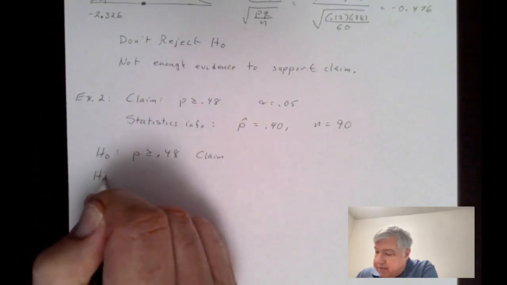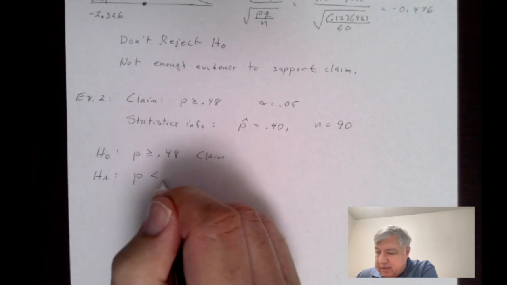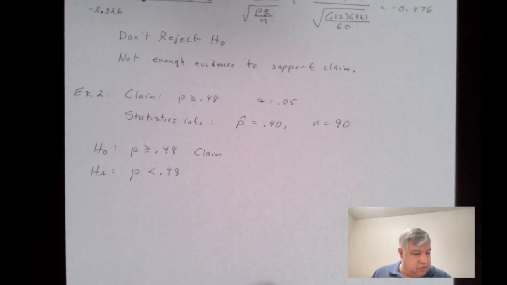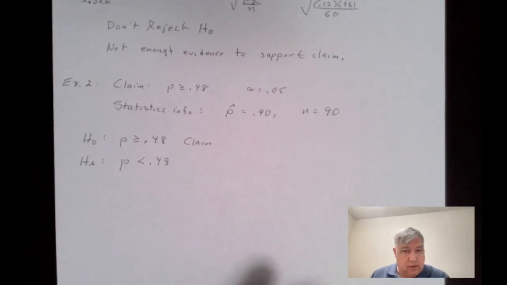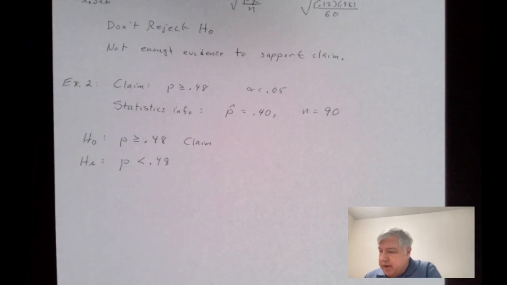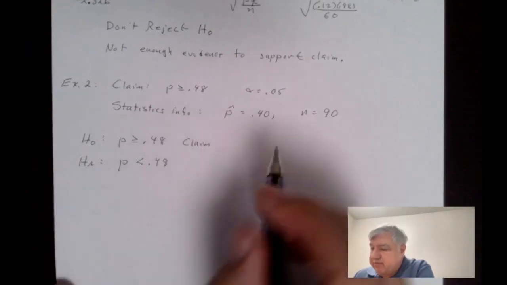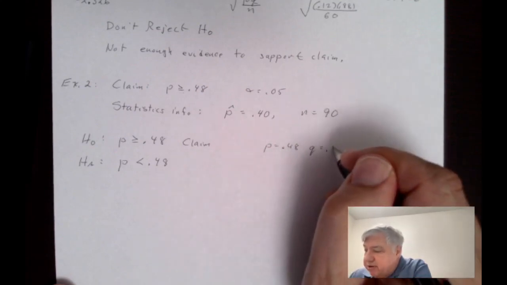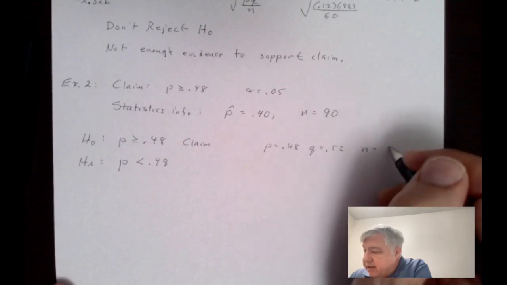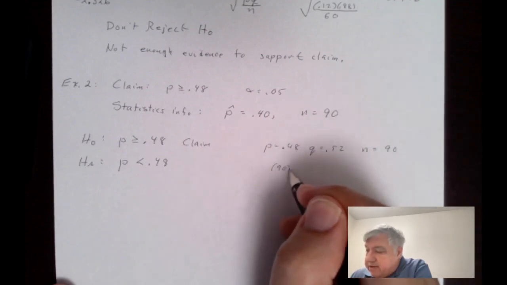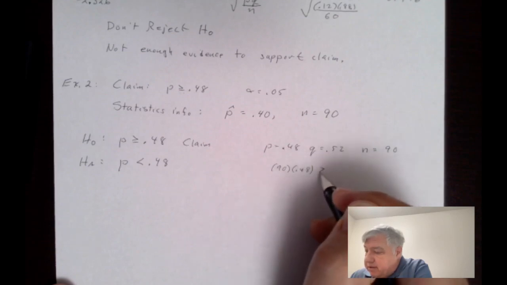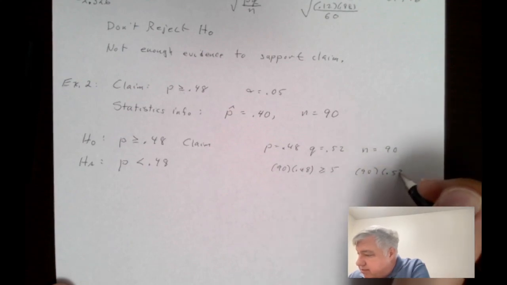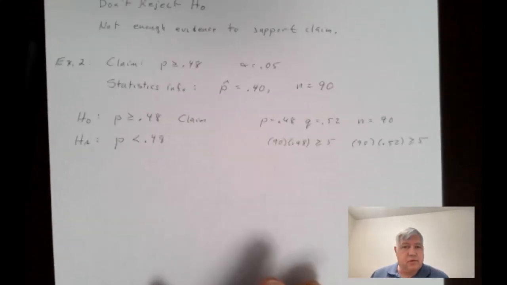Our alternative hypothesis says that p is less than 0.48. Now let's check: we're assuming p is 0.48, q would be 1 minus that, which is 0.52, and n is 90. You can easily check that 90 times 0.48 is greater than 5, and 90 times 0.52 is also greater than or equal to 5. So we're good to go.